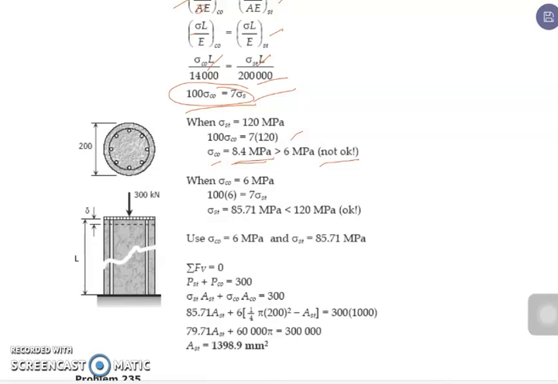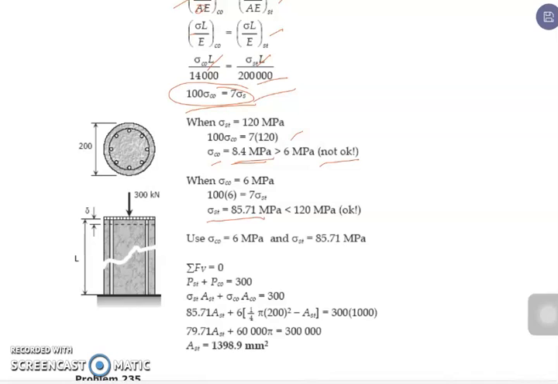If we simplify this, we get the value for the stress on the steel, which is 85.71 megapascal.